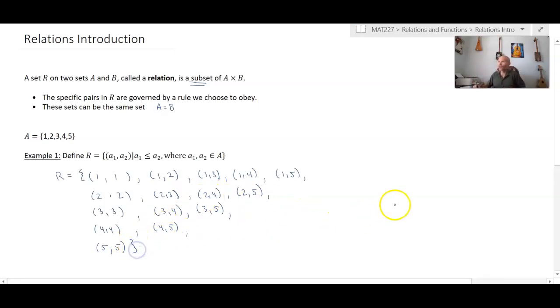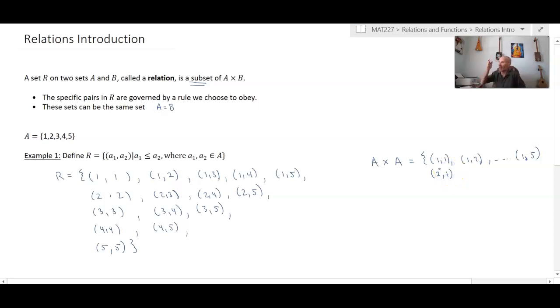Now, as opposed to the relation, if I were to start listing out the elements of A cross A, that would be pairing every element of A with every element of A. So (1,1), (1,2), all the way up to (1,5). And then I would also pair 2 with 1, right?